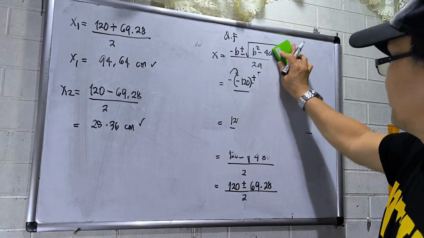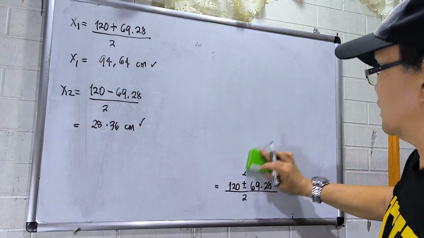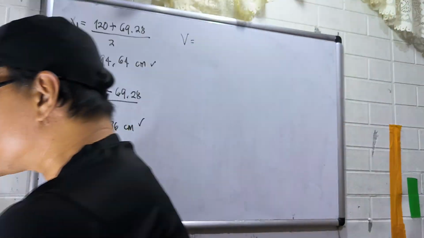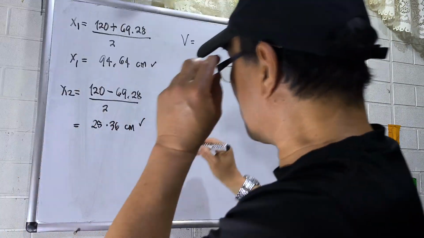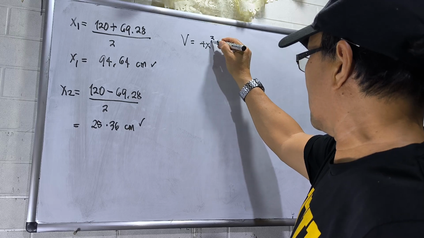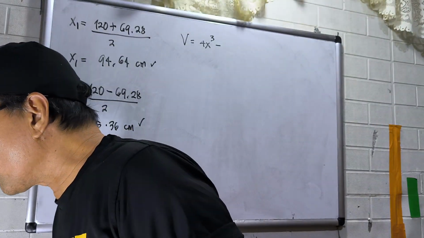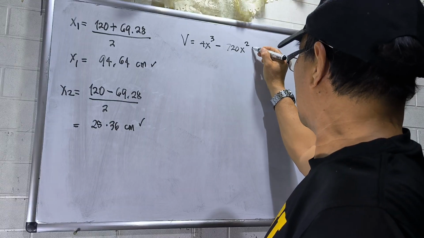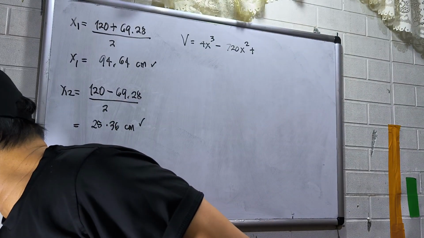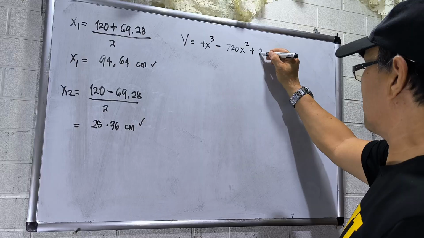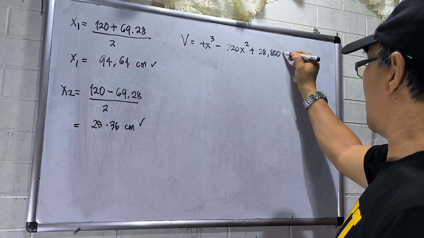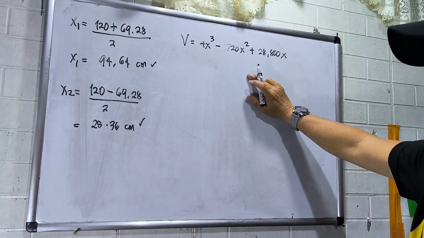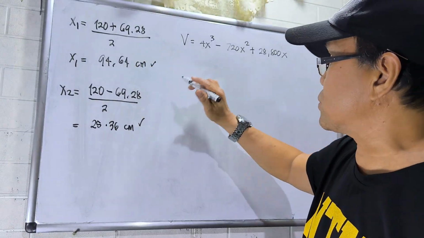Then, by the way, what's our volume? Volume is 4x cubed minus 720x squared plus 28,800x. Okay, so we'll try the two sizes. So we have x1 and x2.